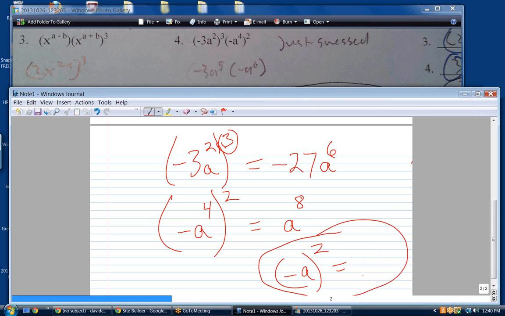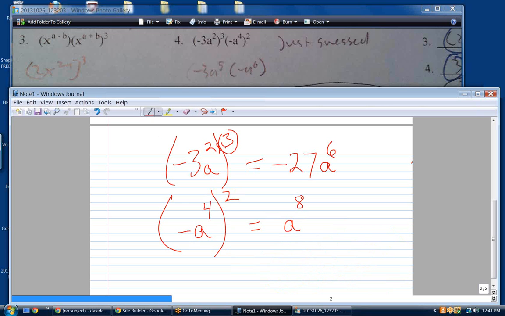Remember that the 2 operates on the negative, turning it positive, and it operates on the a, so this becomes just a squared. So negative a quantity squared becomes a squared, the same way that negative a to the 4th squared becomes a to the 8th.